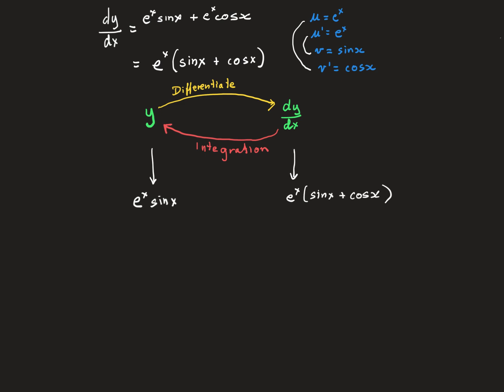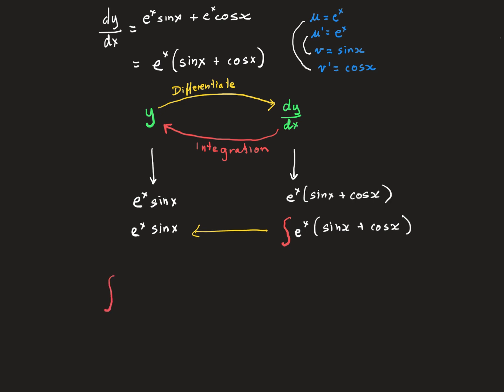And so if we integrate this e^x (sine x plus cos x), we will get back to e^x sine x.